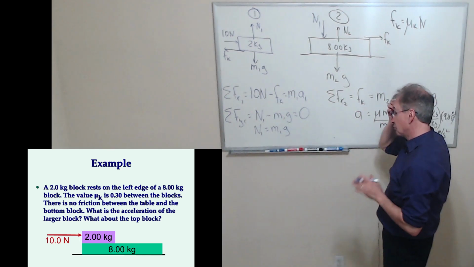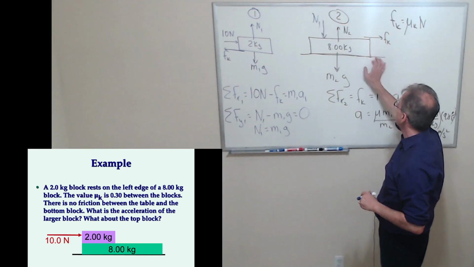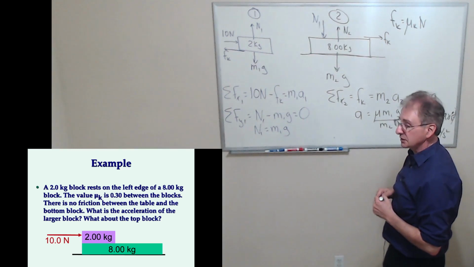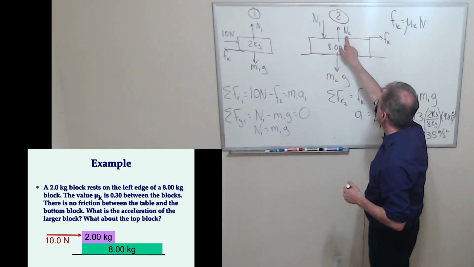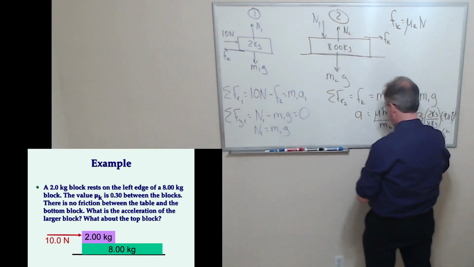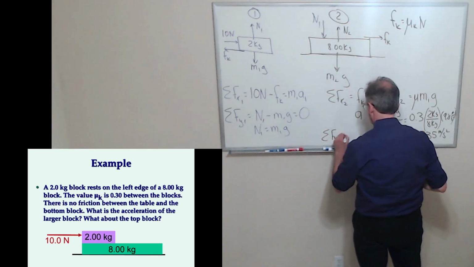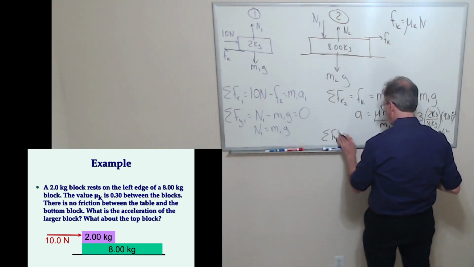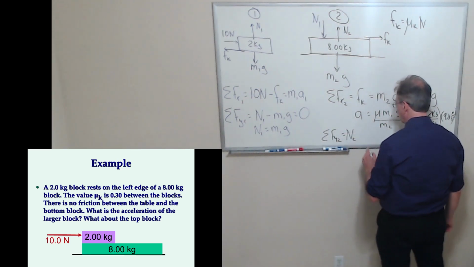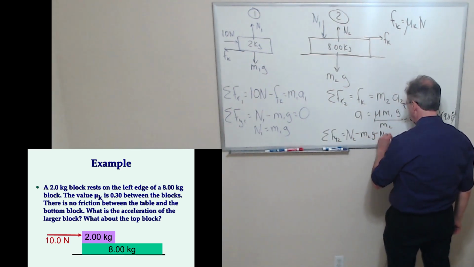So it doesn't play a role in this problem because there's no friction between the 8 kilogram object and the horizontal surface. If there was friction and I needed to figure this out, then for N2, if you sum the forces in the y direction, I would have N2 minus m2g minus N1 equals 0.